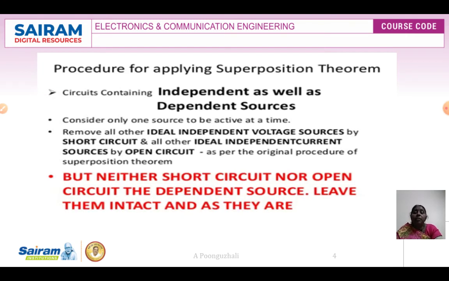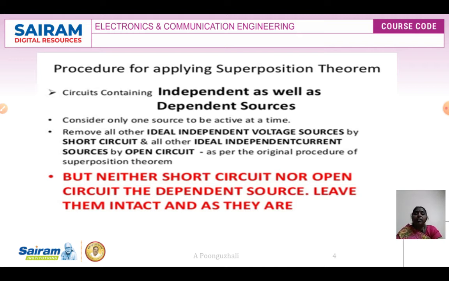Next, the problems till now contained only independent sources. If the circuit has dependent sources, then the independent voltage sources you can short circuit and independent current sources you can open circuit. But a dependent source you should not disturb, and you find the current or voltage asked in the question.